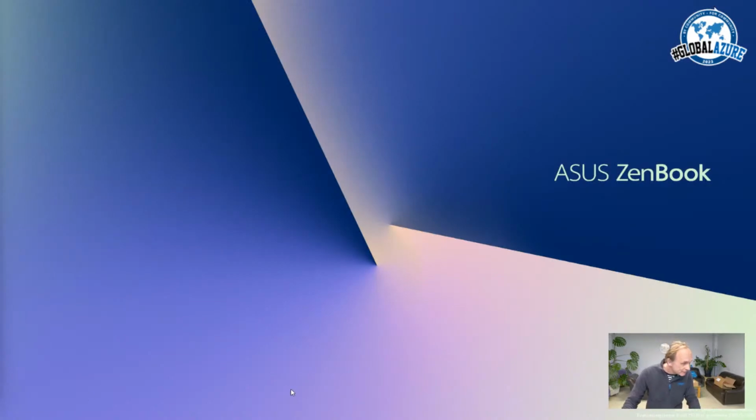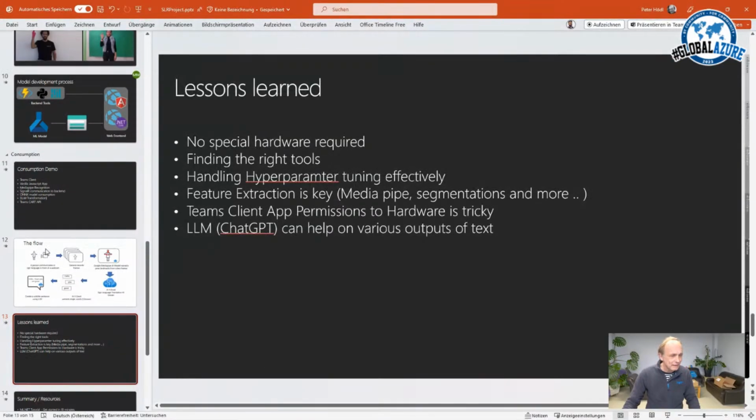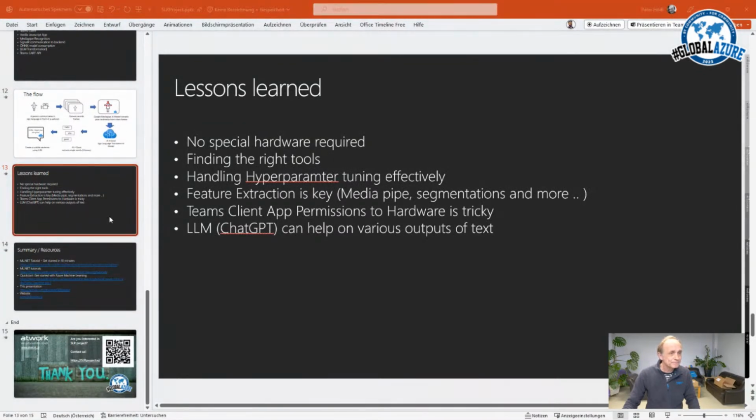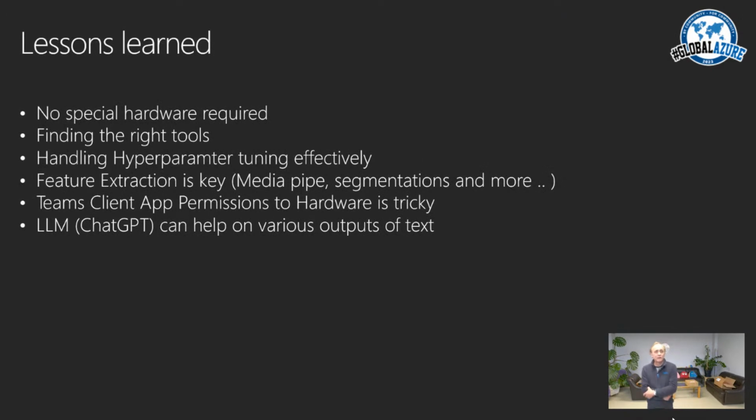And I will switch back to my slides and do a short summary here. So what are our lessons learned? First of all, we started with a special camera, Azure Kinect camera, which has the capability to do the body landmarks detection internally via hardware.